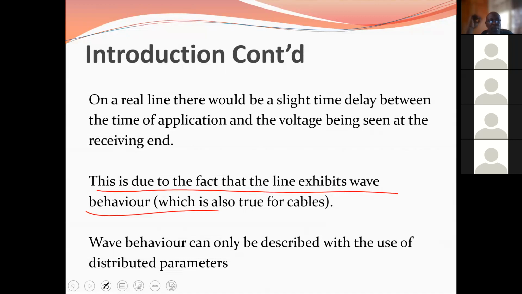As we said before, we can only do this using our distributed parameters. And that's what we are going to be focusing on this afternoon. All right, so let's get cracking.